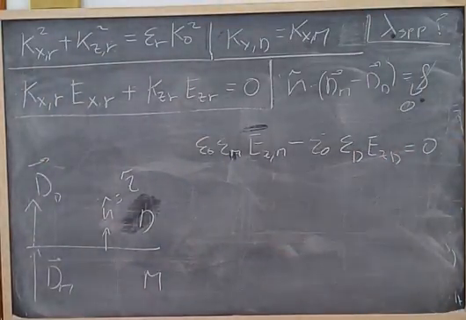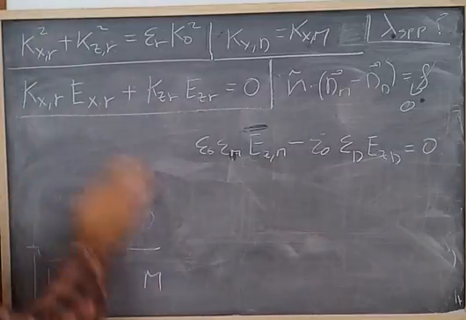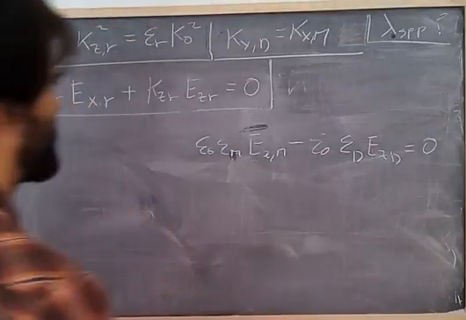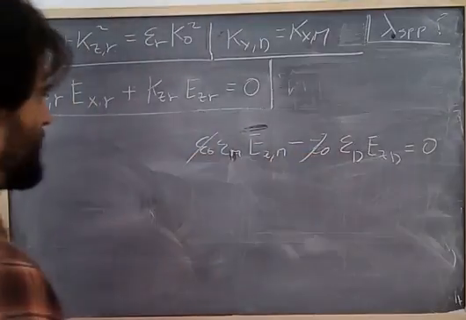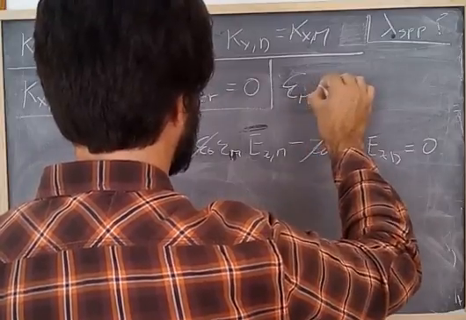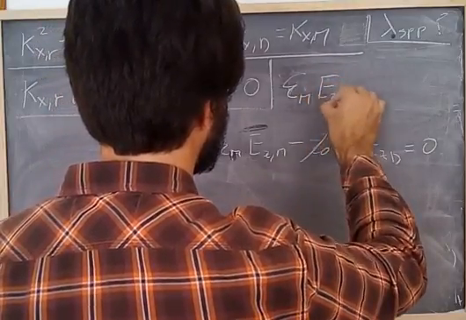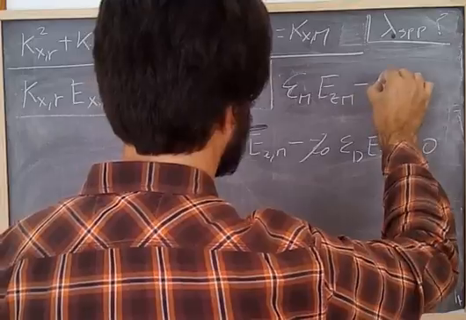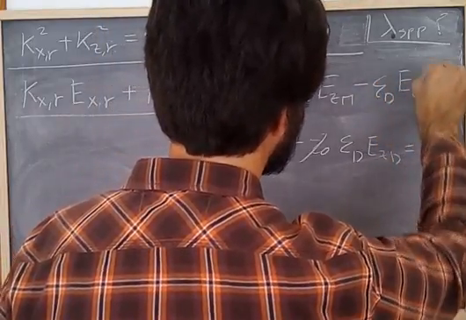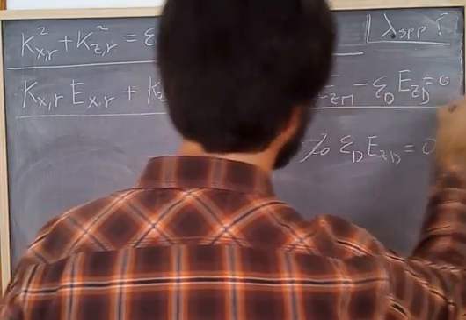So we have simplified another equation: epsilon m Az m minus epsilon d Az d equals 0.